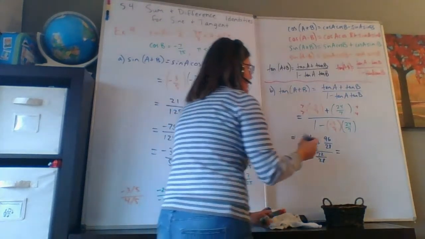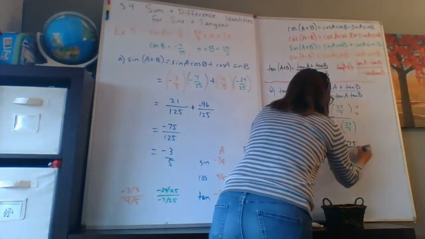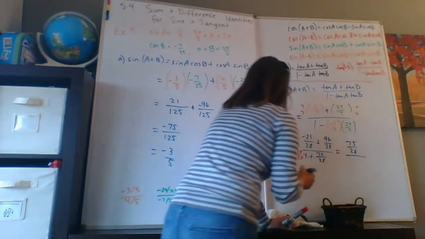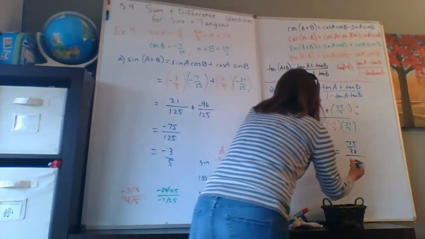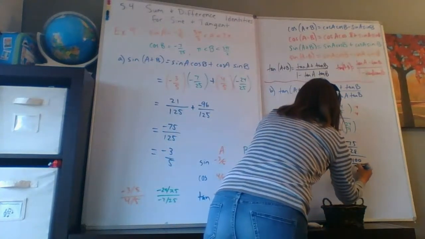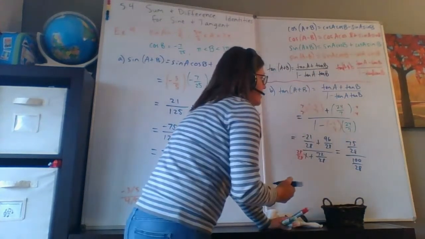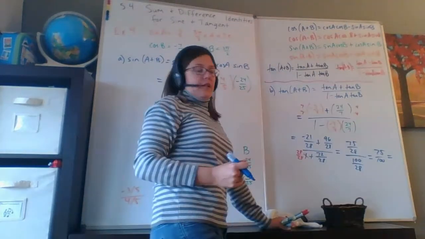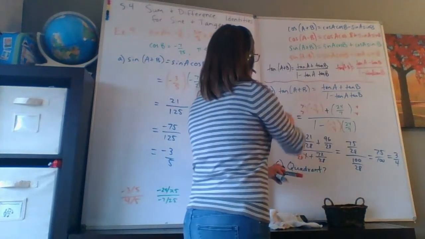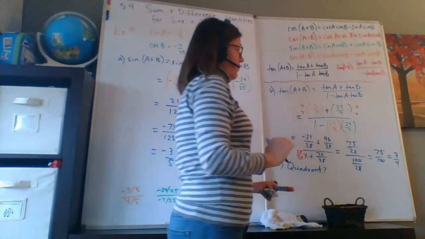Therefore, on the top, I get 75/28. On the bottom, we get 100/28. And in fact, the 28's cancel and I get 75/100. We could get 3/4. So therefore, the tangent of A plus B is 3/4.